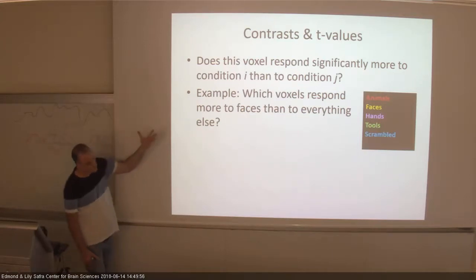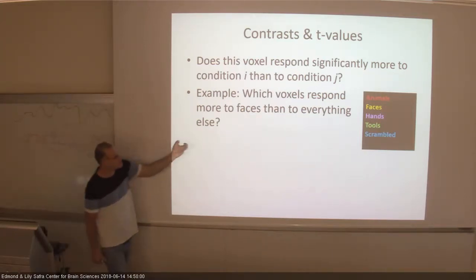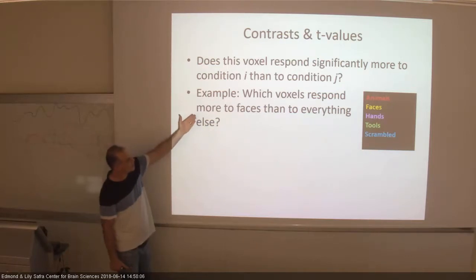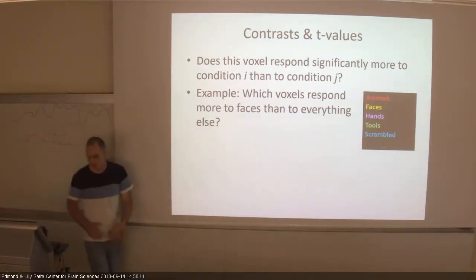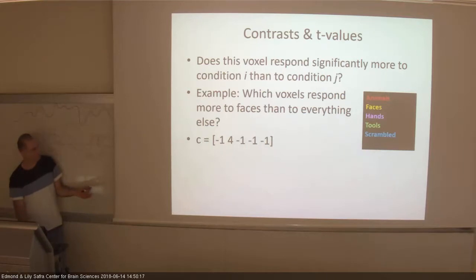But you can, of course, do other kinds of tests, the same test but with a different combination of contrasts. So you can ask which voxels respond more to faces than to everything else. That's also a valid question, and your contrast will look like this, where 4 is faces.